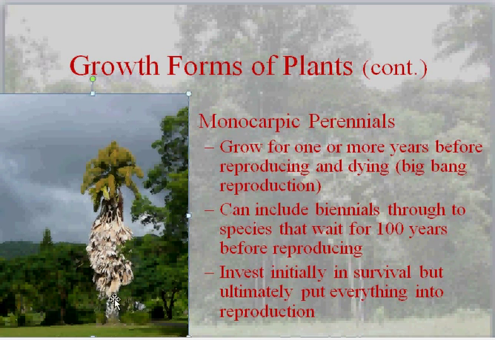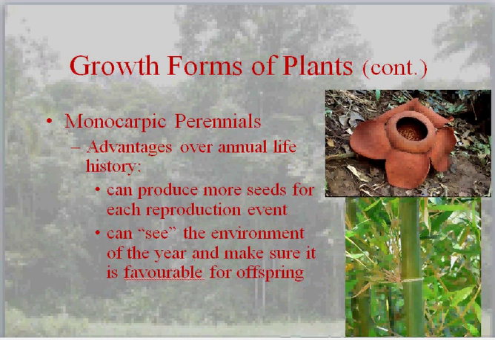So these monocarpic perennials have advantages over the annual life history. First of all, they can survive in a high competition environment. So instead of putting all their resources into reproduction, they can survive in a high competition environment with low resources.